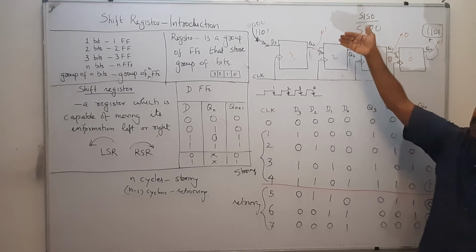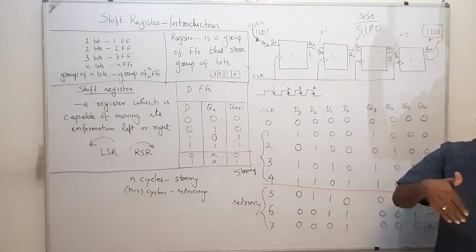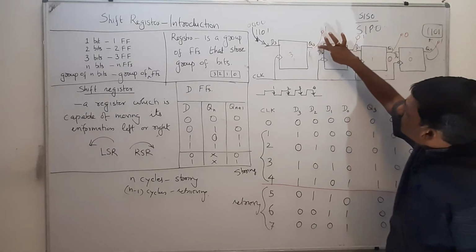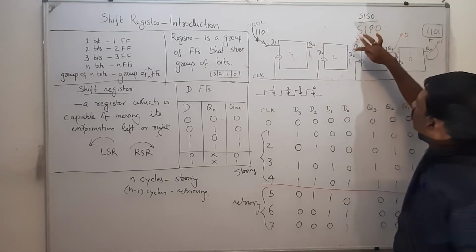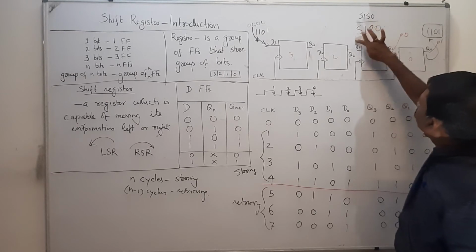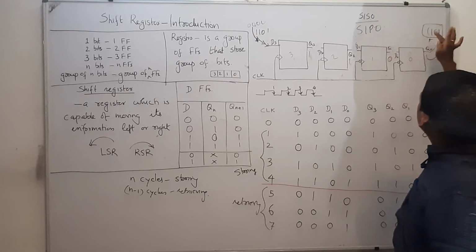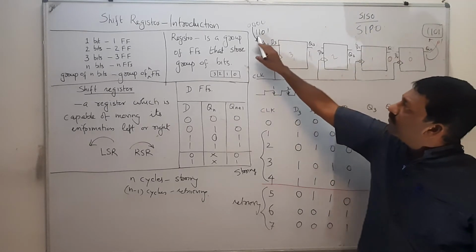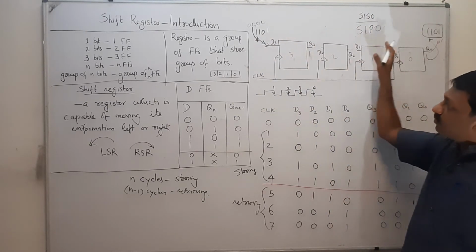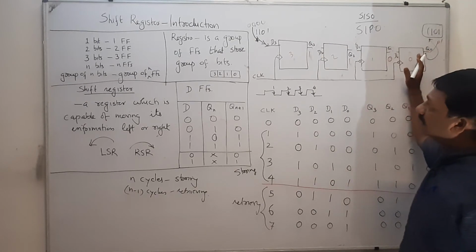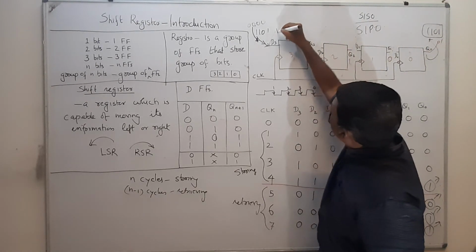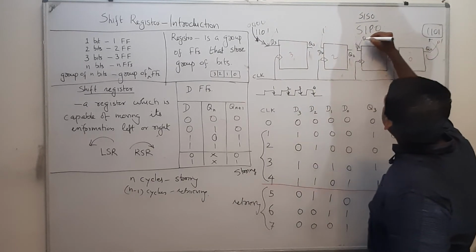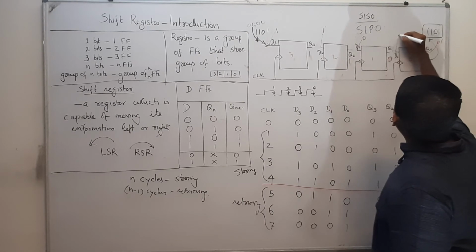So if you want to input that parallelly, there is no need to have this. Okay, no need to have this, and then what are you going to do? If you want to store 1, 1, 0, 1 here parallelly, here you have to give 1, here 1, here 0, and here 1.